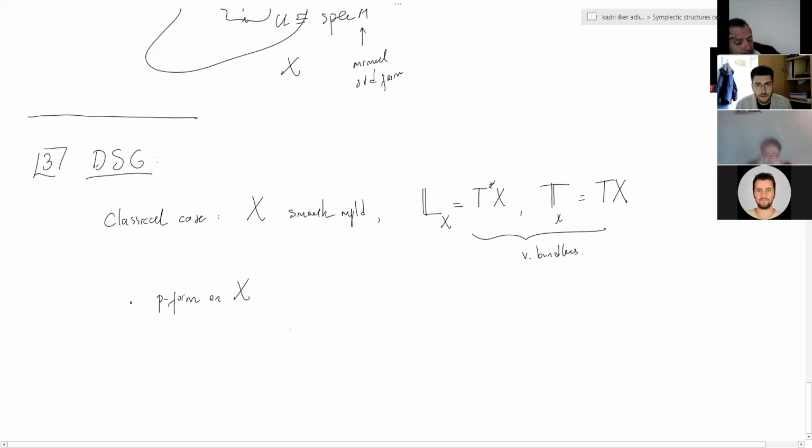How to define this? This is nothing but a global section of the exterior p-th power of the cotangent bundle.